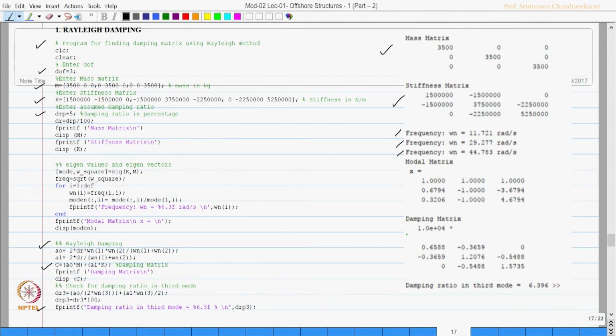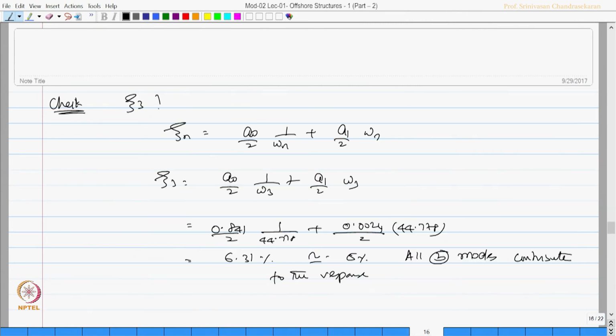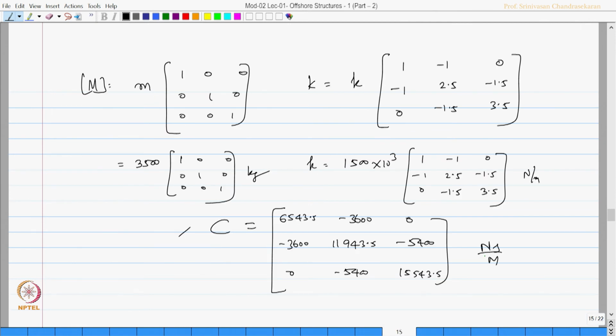The modal matrix I get is what I gave you: this is my first mode, this is my second mode, this is my third mode, and the damping matrix is what I get here, 3 by 3, which is almost the same. Let us say 6588, whereas by hand I got 6543.